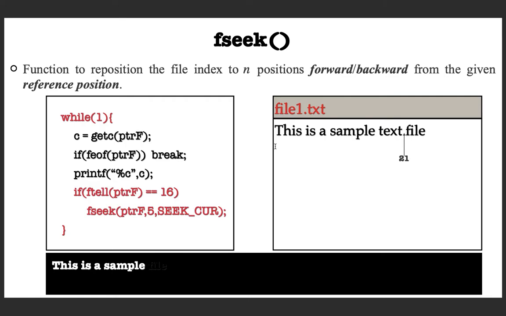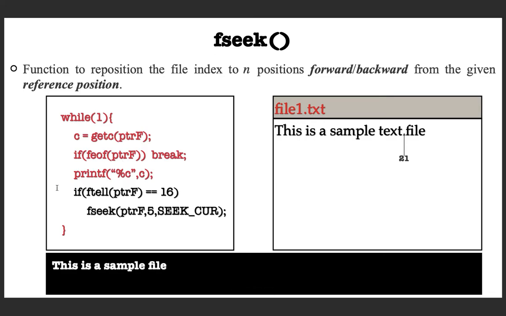If you want to move backward, you can say -5. That's it. So if you proceed further, what will happen? All these positions are skipped and it will print the remaining characters in the file until it reaches the end of file character.